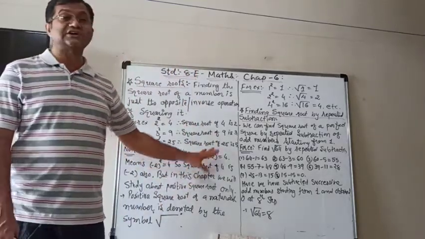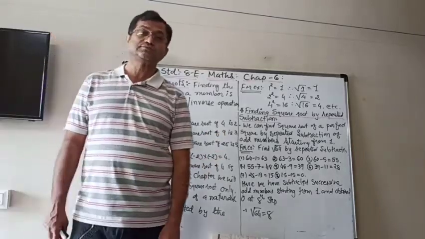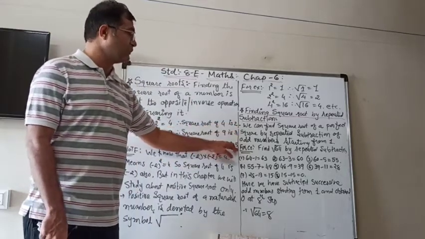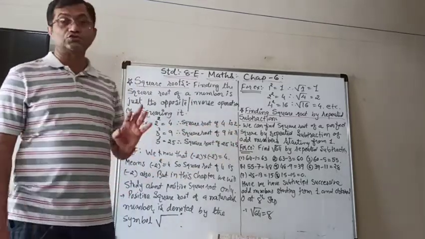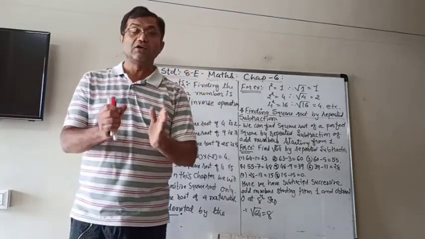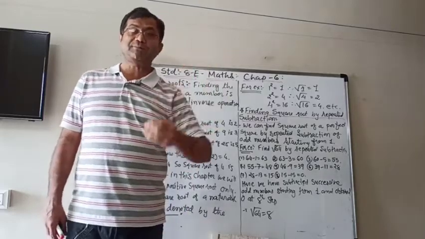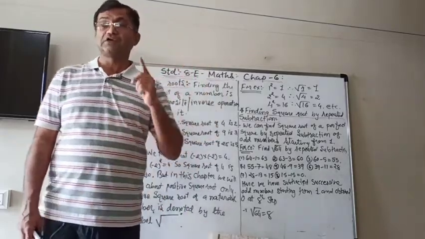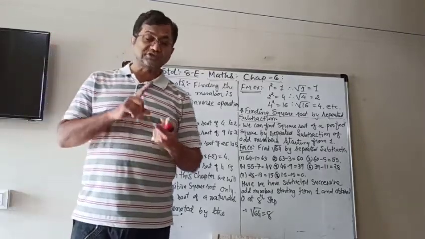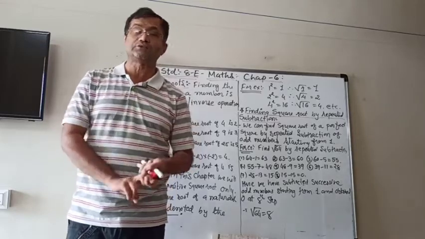We will ignore the negative square roots, so we will only take 2, 3, 5, not minus 2 or minus 3. We ignore them only for this standard. When you grow up to a higher standard, you have to remember that a square root can be positive and also negative.